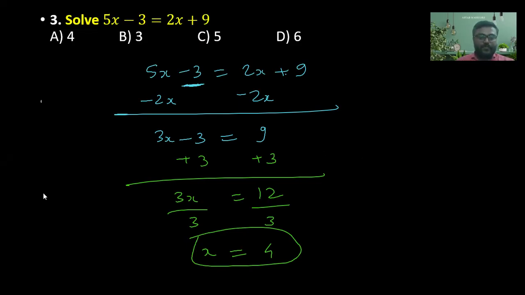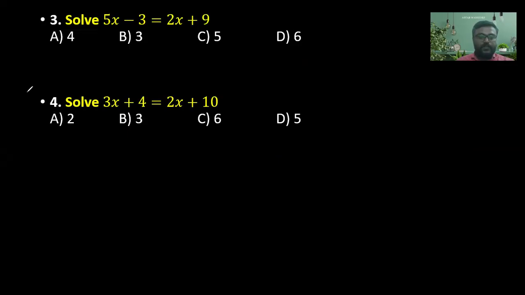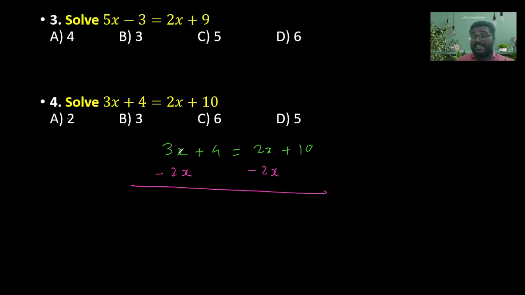Now, let me solve the next question for you guys. See, here we go. 3x plus 4 is equal to 2x plus 10. Let's subtract this 2x from both ends. 3x minus 2x will be 1x, or I can just write it as x, plus 4 equals 2x minus 2x will become 0.